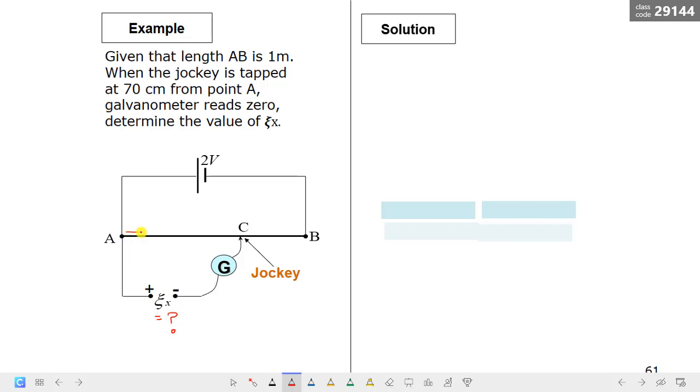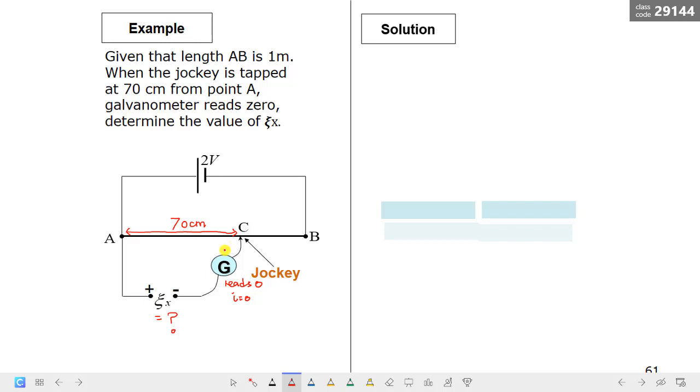Whereby bila kita punya length daripada point A is 70 cm, our galvanometer reads zero. So galvanometer detect current, so it is telling you that there will be no current flow dekat bahagian bawah ni.